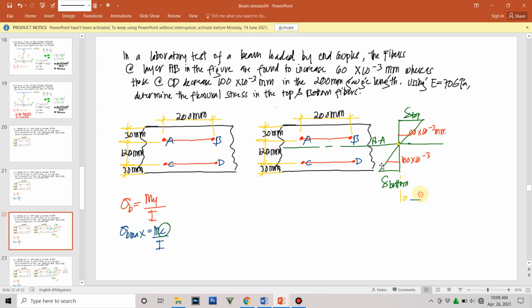For CD, that's 100 times 10 raised to negative 3 millimeters. So by the sign alone, we can see the behavior of this particular fiber or member. Okay.